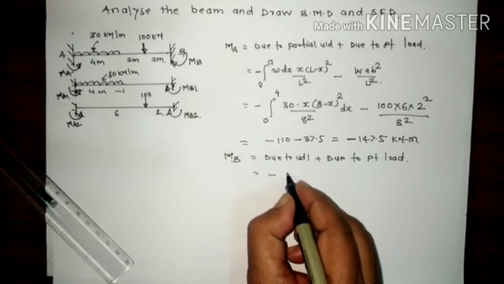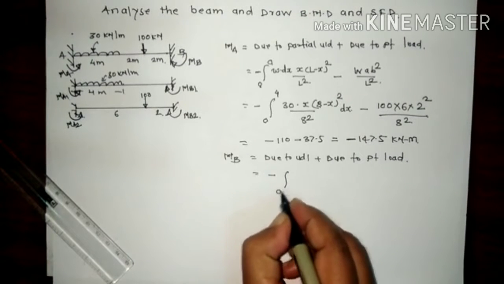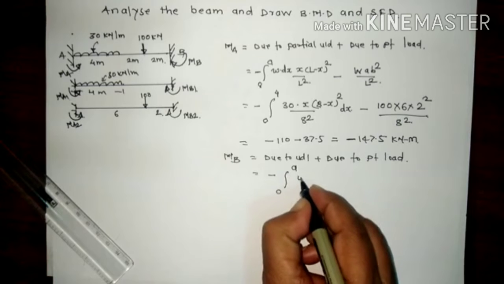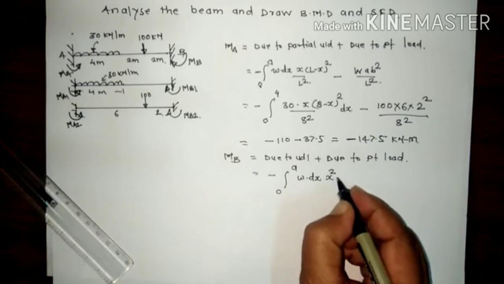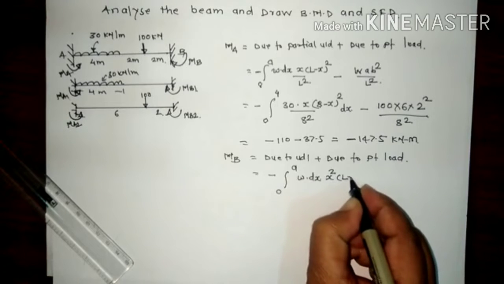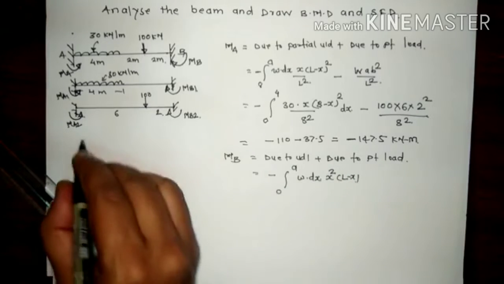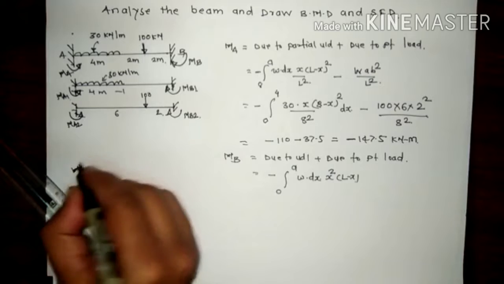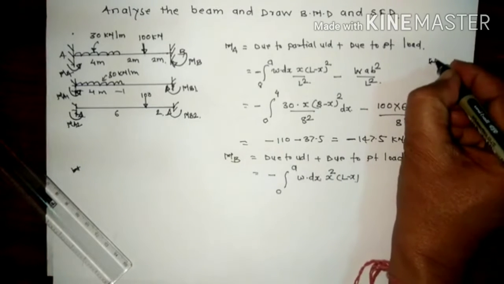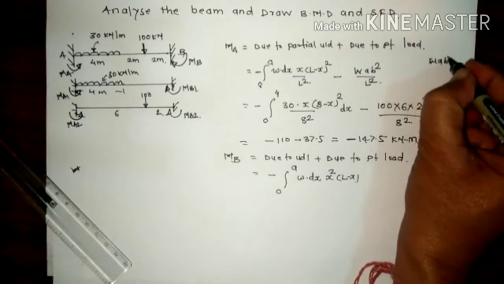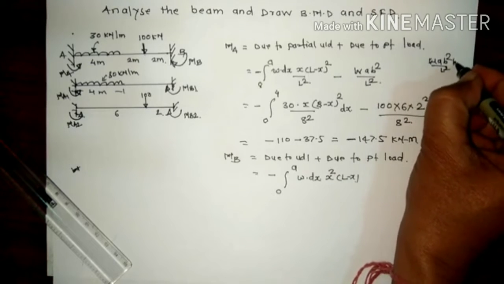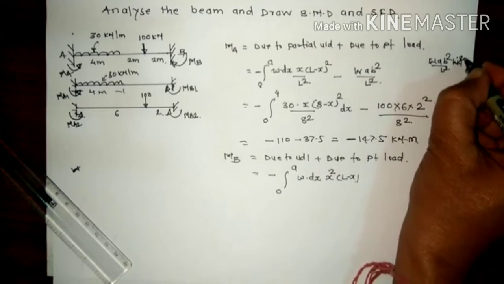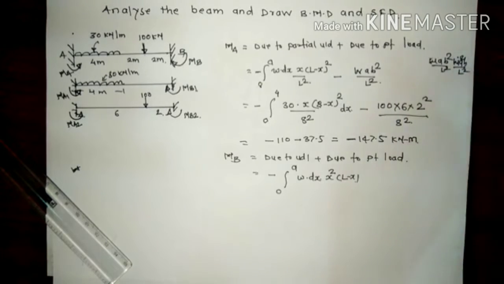The formula is minus again 0 to A, W into dx, here x square into (L minus x). What is the formula? W first time is WAB square by L square, and second time is WA square B by L square, like this.